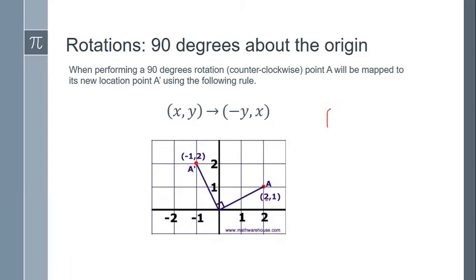So here's my point 2, 1. Okay, switch the x and the y. So now it'd be 1, 2. And then make that first one negative. So negative 1, 2. And there's the coordinate of A prime. This diagram is just showing you that a 90-degree rotation was performed, that we actually moved 90 degrees in the counterclockwise direction.